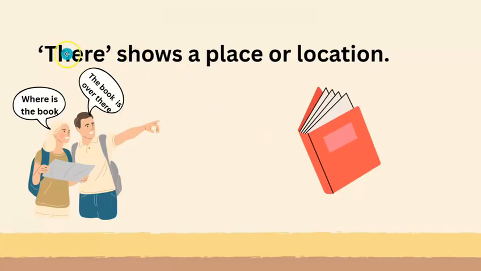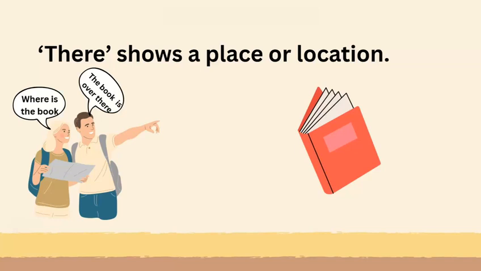So this particular there doesn't show ownership. It shows location. I found the pen. Where? There. I found her standing. Where? There. The cat ran to where? There. Did you see that this there actually shows that you are trying to locate a thing, or you're trying to tell someone that this particular place is where that particular thing was?